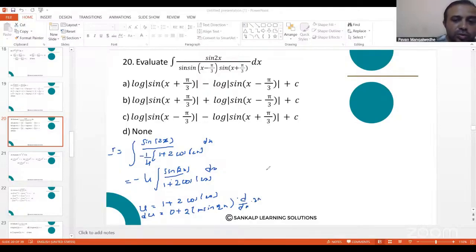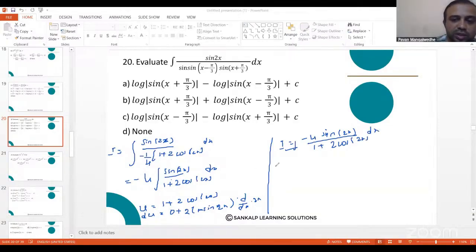Now solving this, I is equal to minus 1 by 4 integration of sine of 2x upon 1 plus 2 cos of 2x dx.